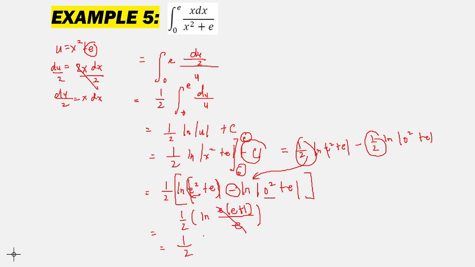So 1/2 ln of e plus 1. Okay? However, again, in law of logarithms, our constant here will be raised here. So that's e plus 1 raised to the power of 1/2, or our final answer is ln of e plus 1 to the 1/2. And that is our final answer.